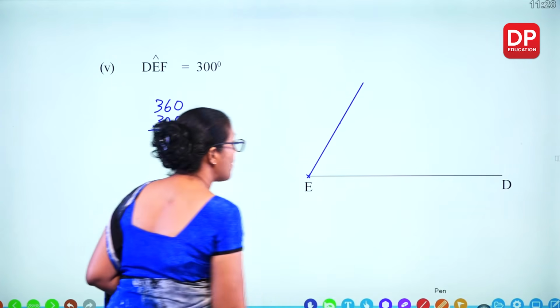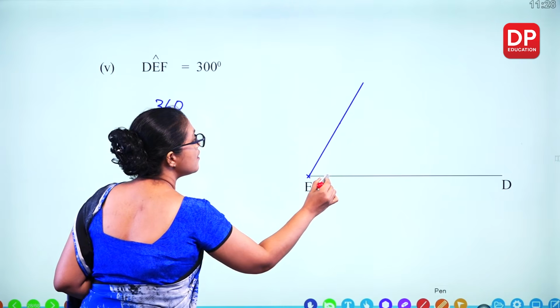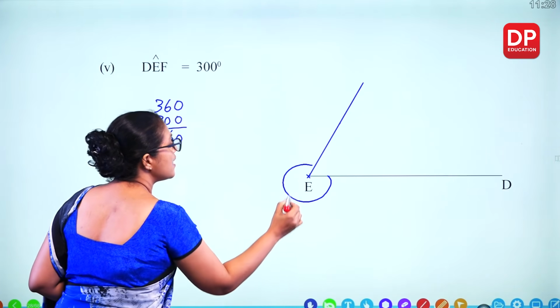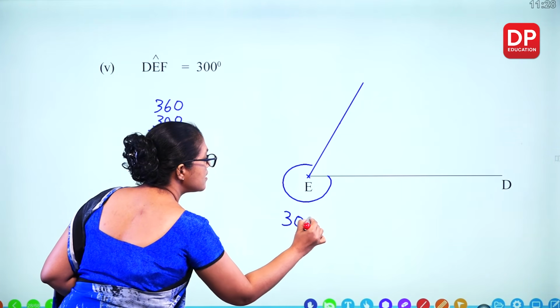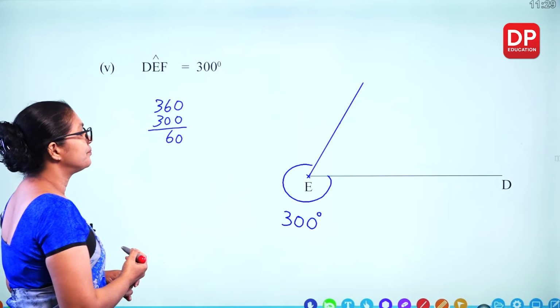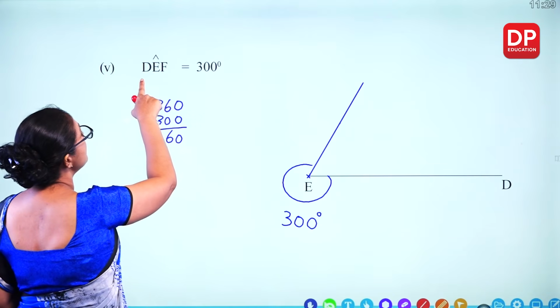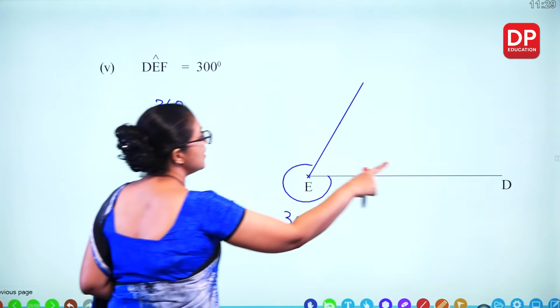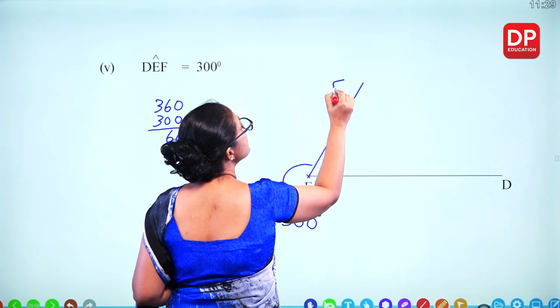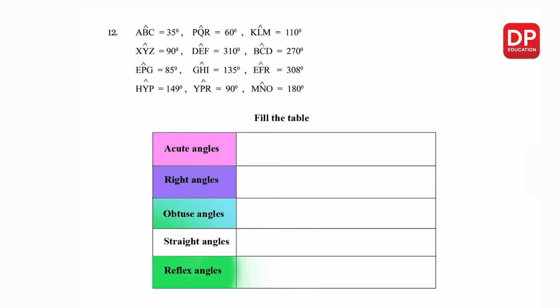Now how can we mark 300 this way? This way is 300 degrees. This is 300 degrees and this is DEF. DEF point is there.